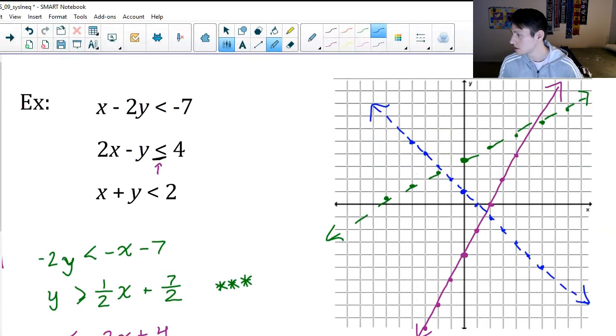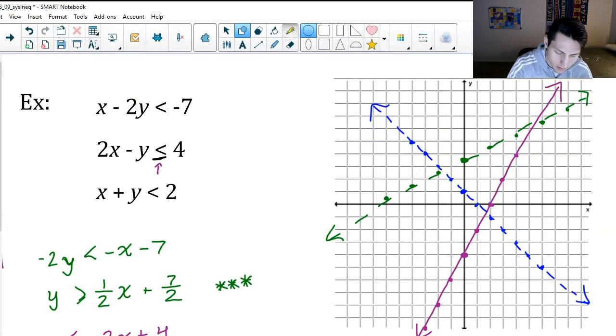All right, so I end up with this crazy graph. Now we want to find the area that should be shaded. So there's a lot of different choices. Let me look at all my options.